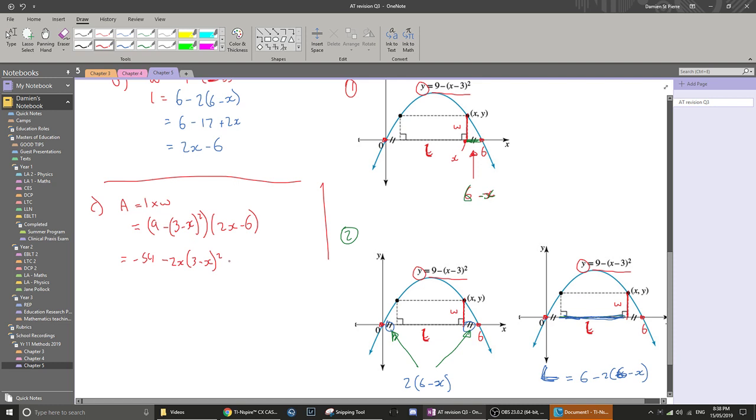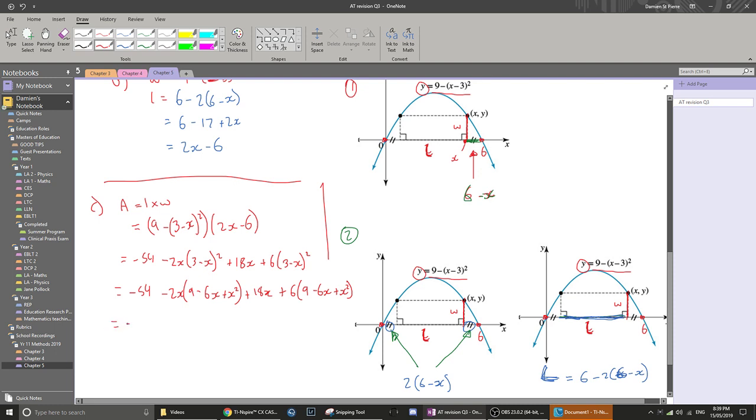My first bit is going to be plus 18x, and my end bit plus 6 minus x squared minus 54. 9 minus x plus x squared plus 18x plus 6, and then the same brackets. And that's just the expansion of that.